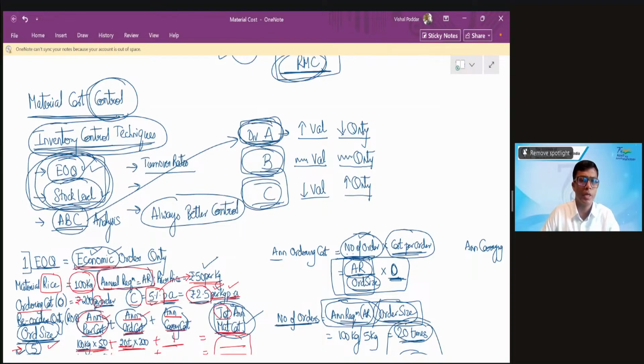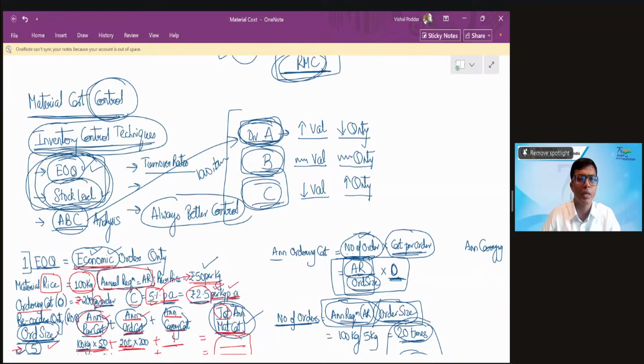So let us say I'm having a total of 1000 items in my stock because I require different parts. If I number all the different types of parts, I require 1,000 items for making all the different types of SUVs.